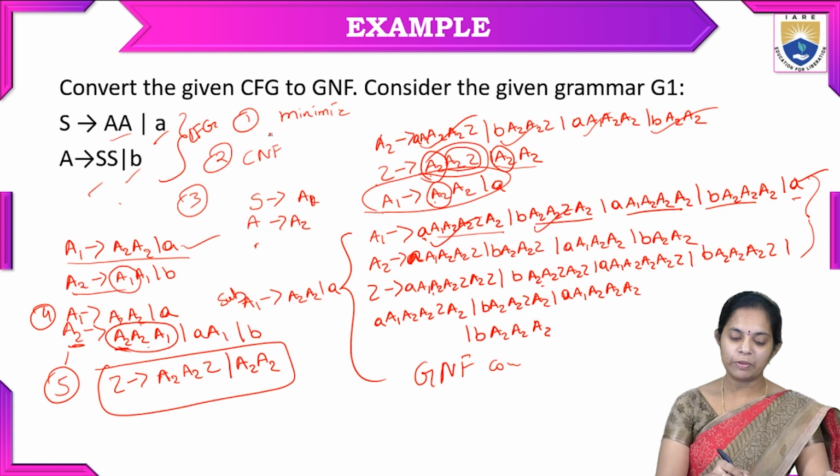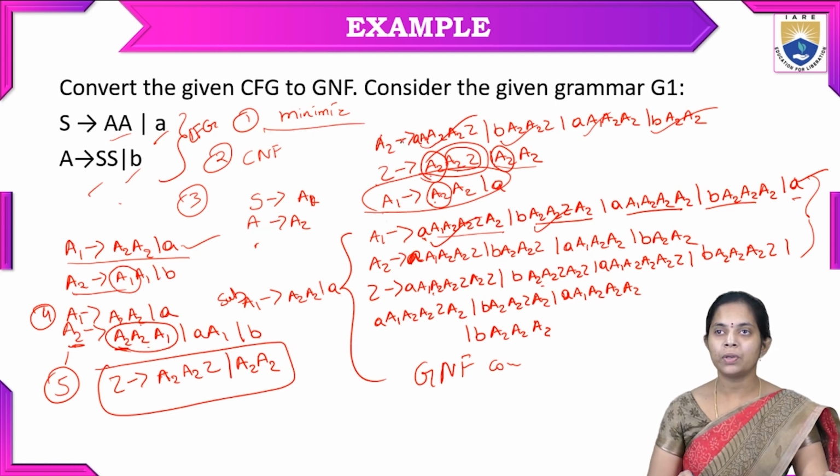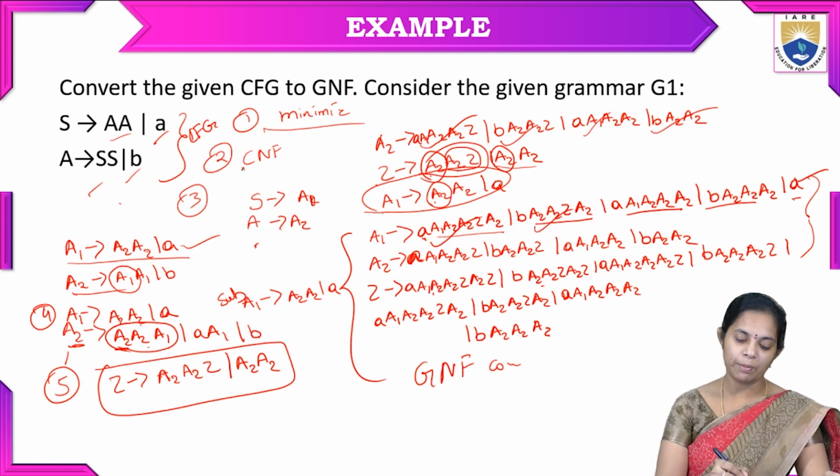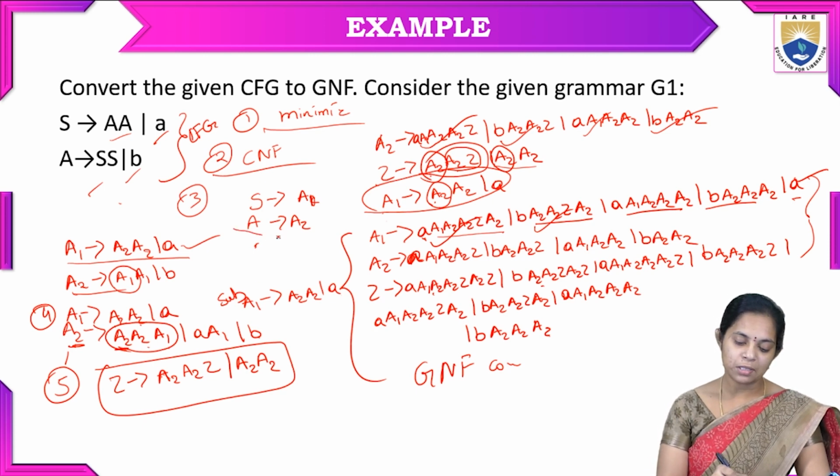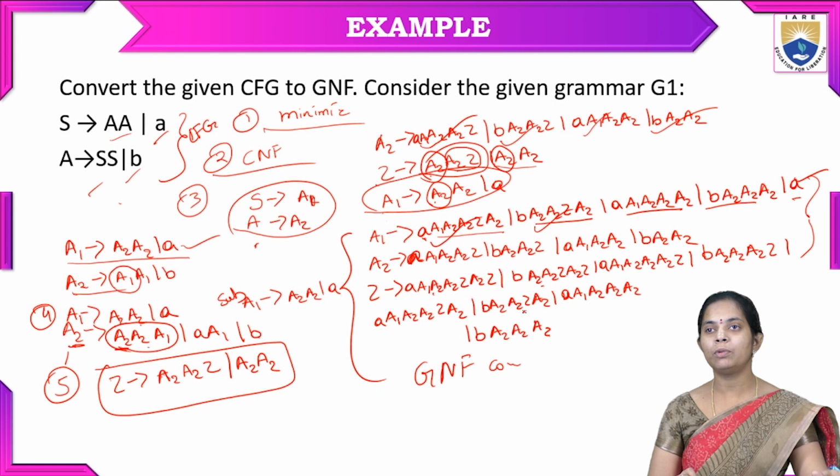In the first step, if there are useless symbols, we have to minimize the given grammar. In the second step, we have to convert the context-free grammar to a Chomsky normal form grammar. Next, we have to assign some new variable names.